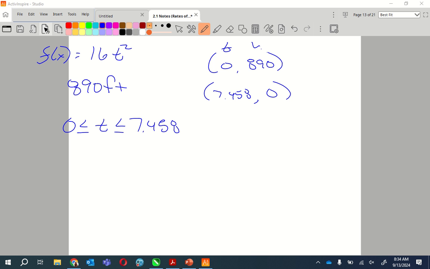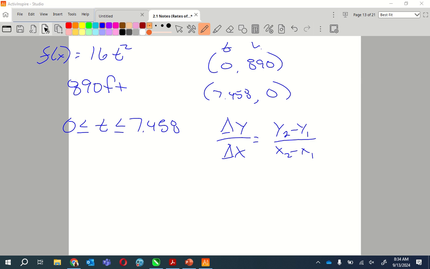So, do my math. It's basically my delta y over delta x, which is y2 minus y1 over x2 minus x1.